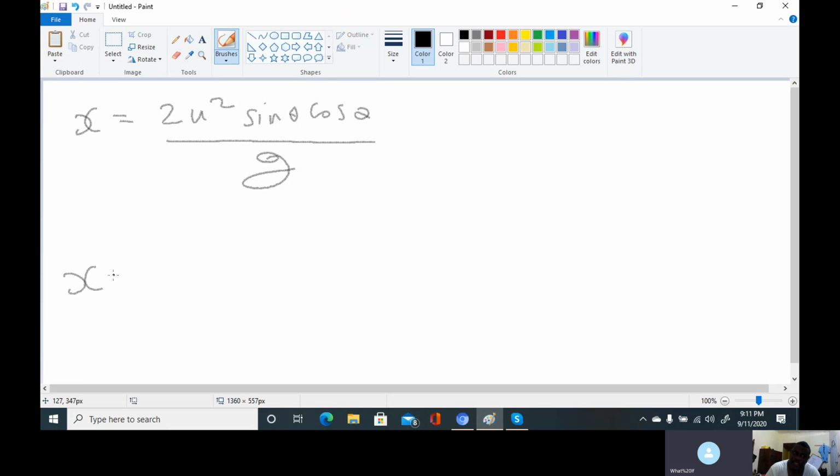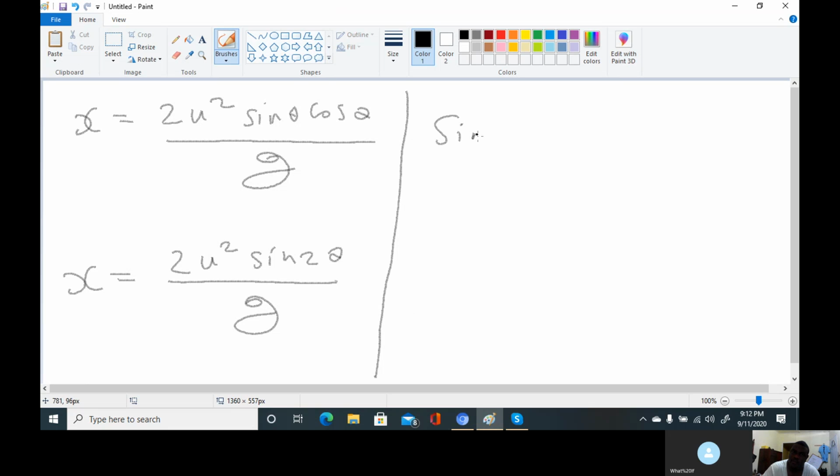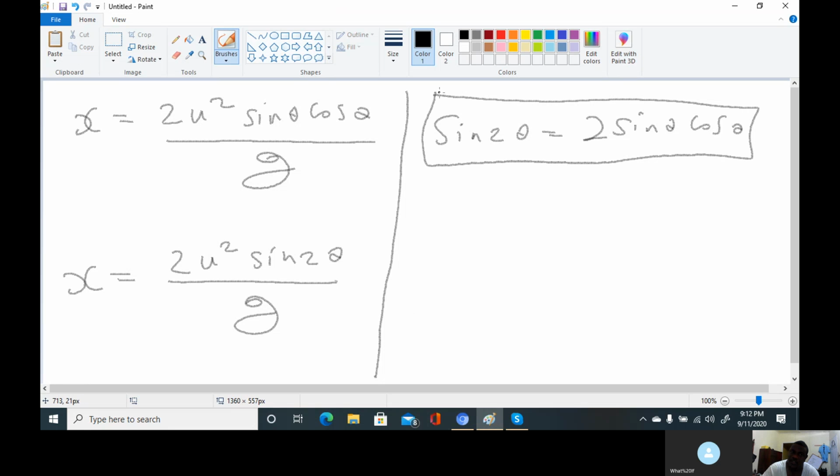So here x is going to be equal to u squared sine 2θ over g. In mathematics, sine of 2 times an angle is just equal to 2 times sine theta cos theta. If they're going to ask you to do that, they would give you this from maths. So this is the range of the projectile.